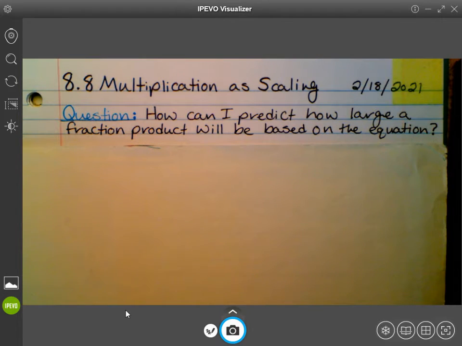How can we guess how large or how big a fraction product will be? Well, we know a product is the answer to a multiplication problem. So how can I guess the size of the answer to a multiplication fraction question just based on the equation? So not even solving the equation, just looking at it. So this is the question that we are answering today.